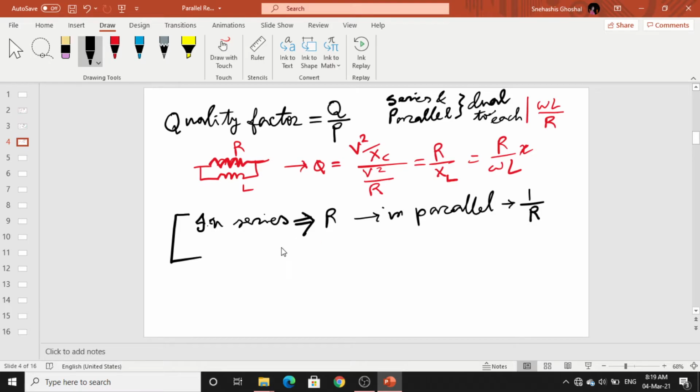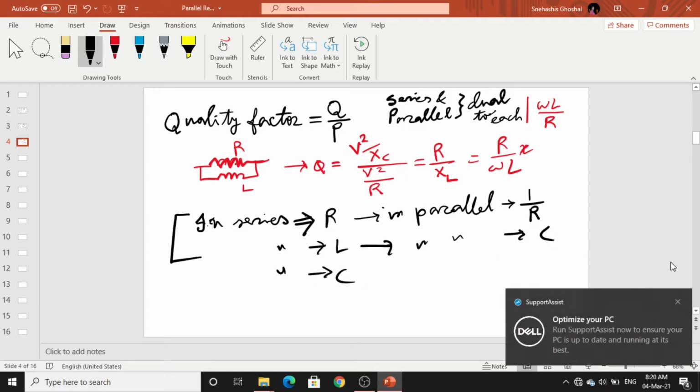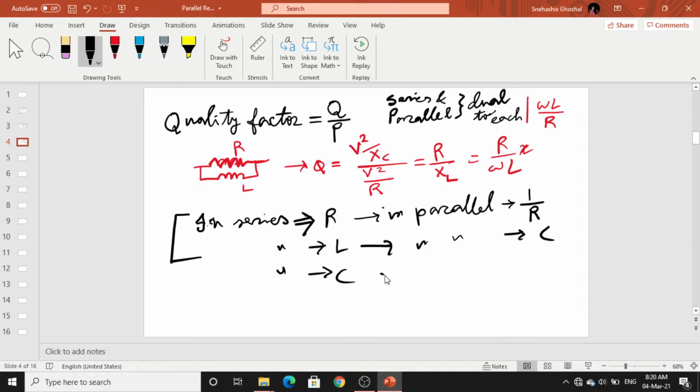Similarly, when in series there is L, in parallel make it C, and where in series circuit there is C, in parallel circuit you make it L. That is the trick. I am repeating, listen very carefully: in all the formulas of series circuit, if you represent R with 1 by R, L with C and C with L, you will get the formula for the similar parallel network.